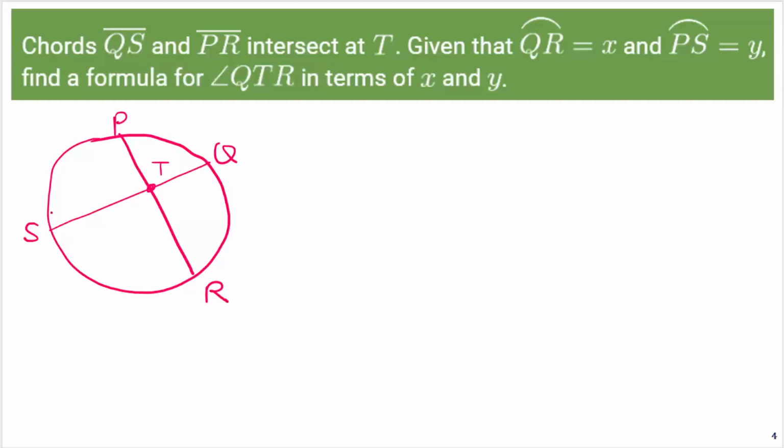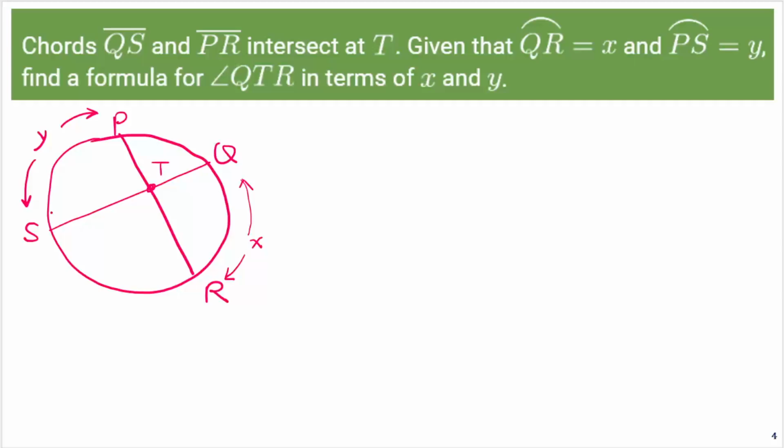Given that the measure of arc QR equals X and the measure of arc PS equals Y, can you find a formula for angle QTR in terms of X and Y?